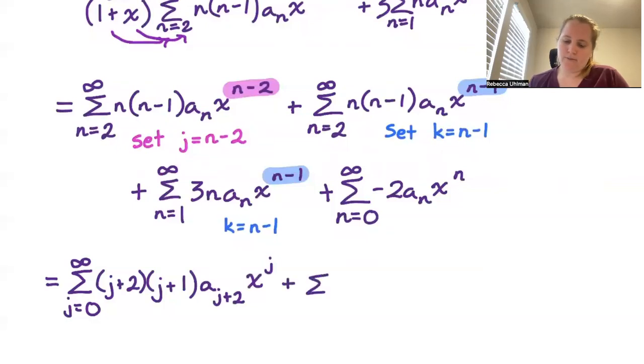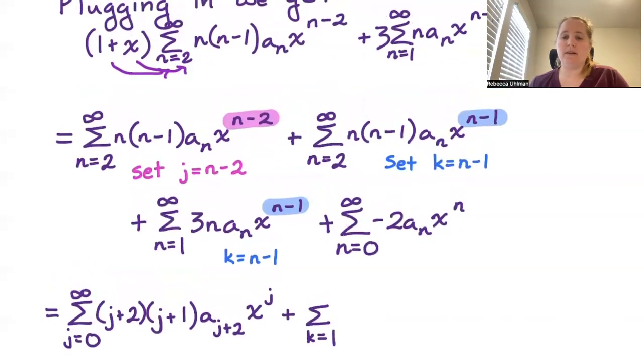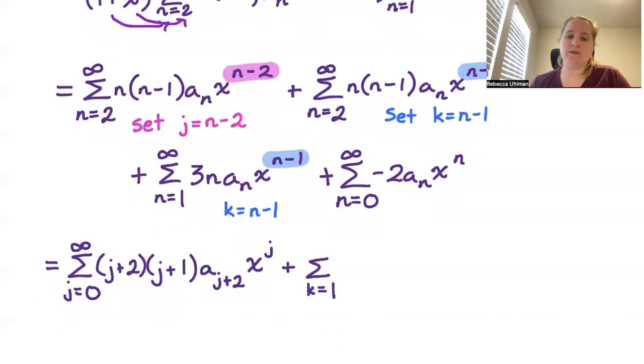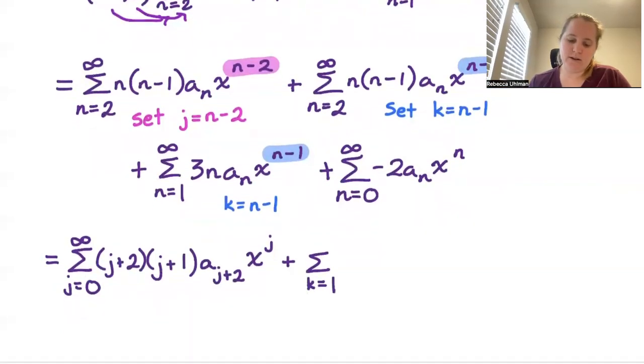For our second term, we're going to actually start at k equals 1, since we're just doing a shift by 1, even though our n was starting at 2. So we'll go from k equals 1 to infinity. Now we'll have k plus 1 times k times a sub k plus 1 times x to the k.